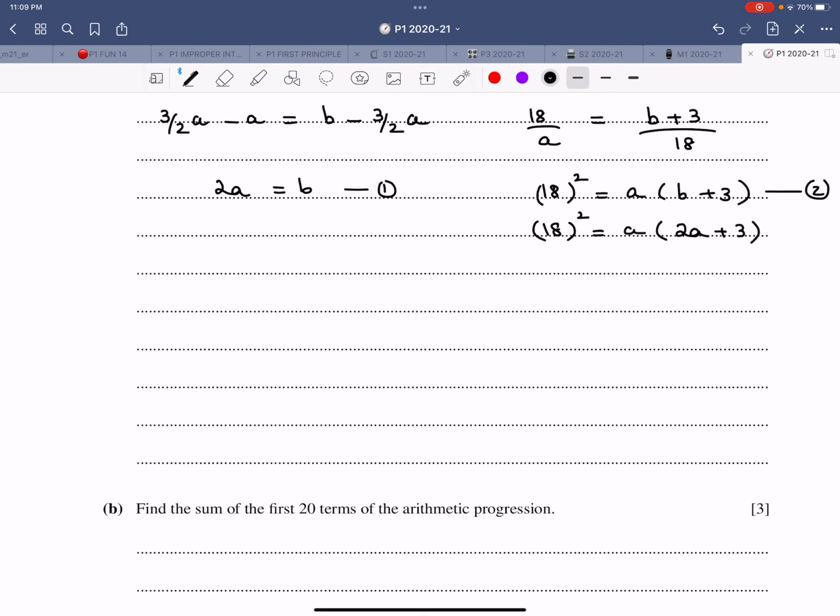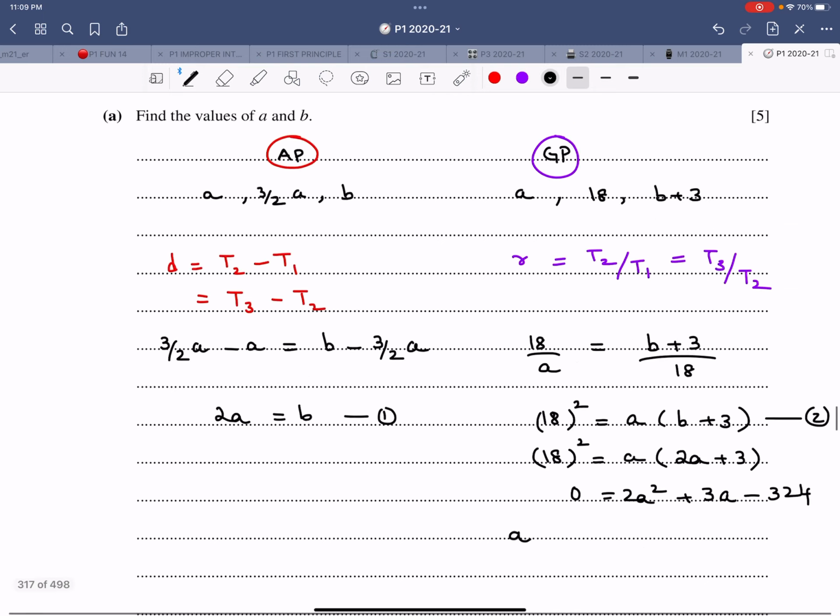That is 2a squared plus 3a minus 18 squared, which I need to evaluate using a calculator. I think it's 324, something like this. So 18 into 18 is 324. Minus 324 equals 0. And you will have values of a and b.